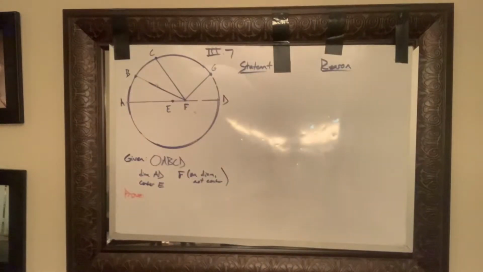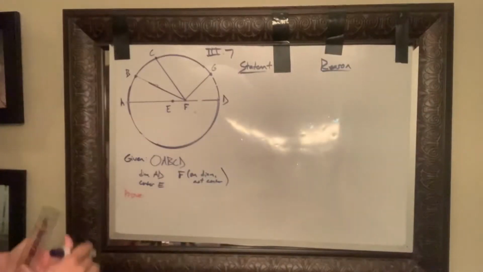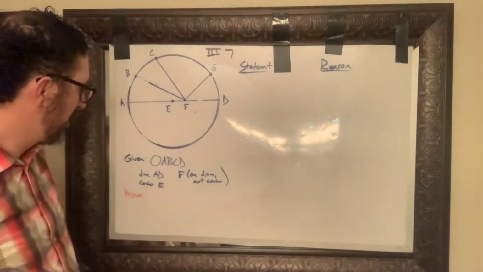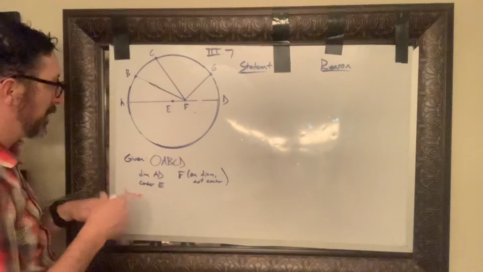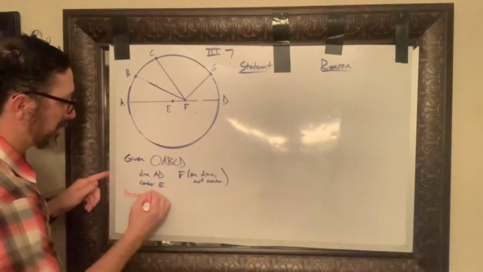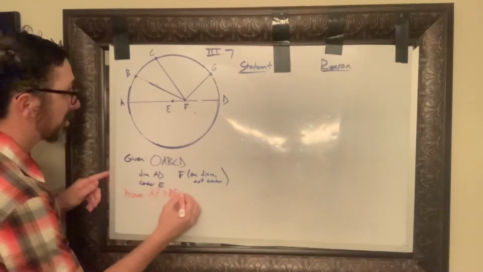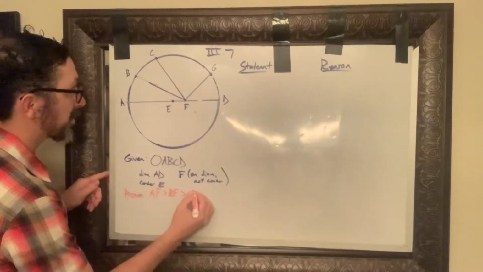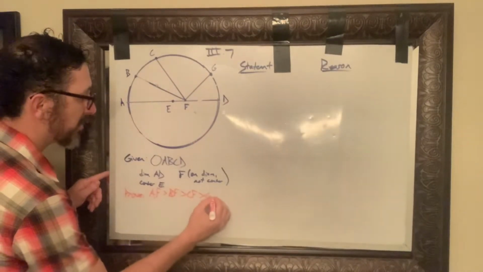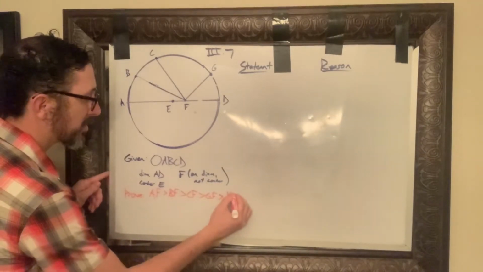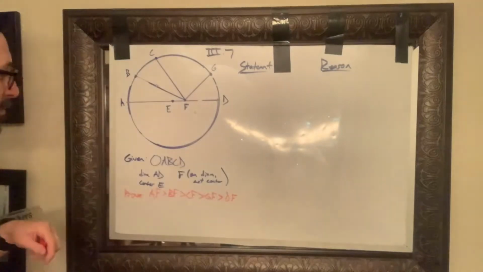So the way that we'll write that is this. The thing that I'm trying to prove is AF is bigger than the next one, BF is the next biggest, CF is the next biggest, GF is the next biggest, and out of those, DF is the smallest. That's the first thing I'm trying to prove.